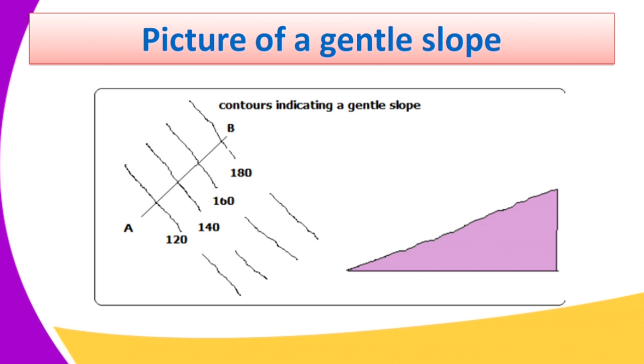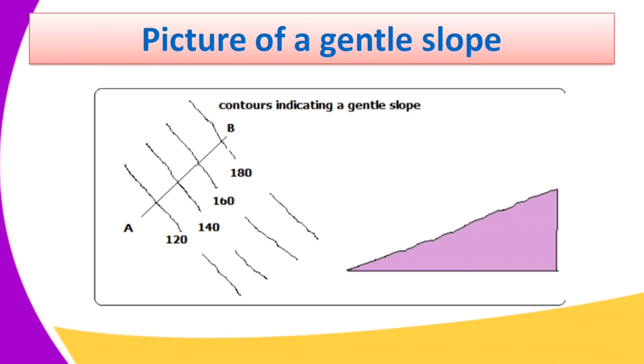Looking at the types of slope, we will start with a gentle slope. So on a gentle slope, the contours are evenly spaced, so we do not have any contour lines that are close to each other, or the distance between them is not that large. So for gentle slopes, we normally see that the contours show uniform gentle lines which are evenly spaced and widely spaced all the same.